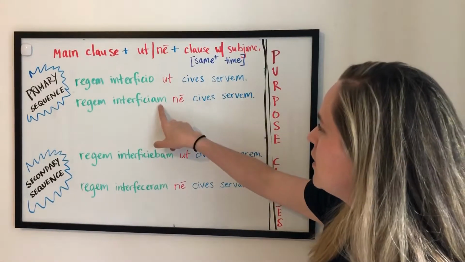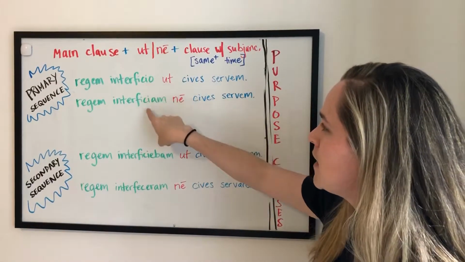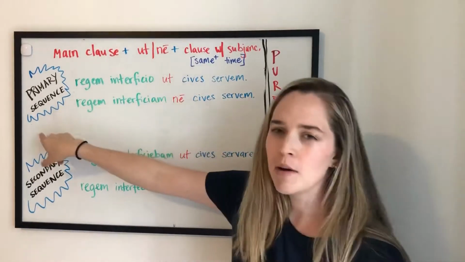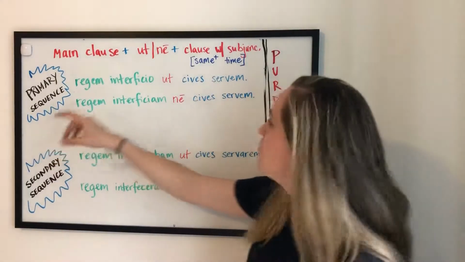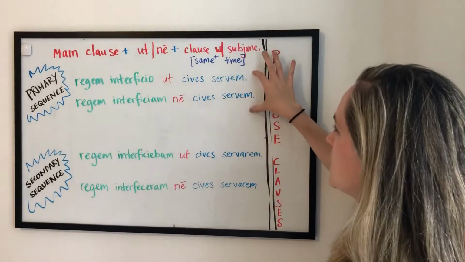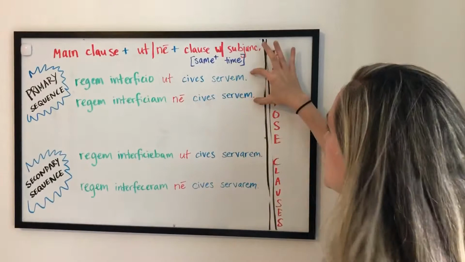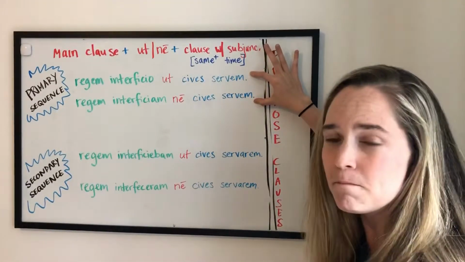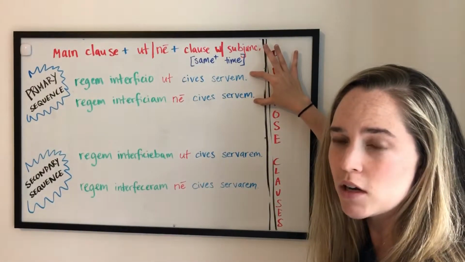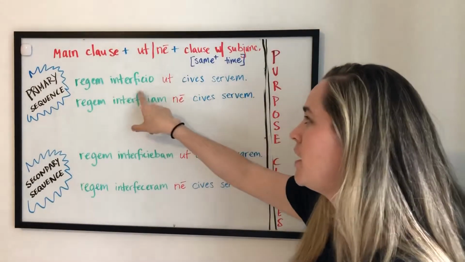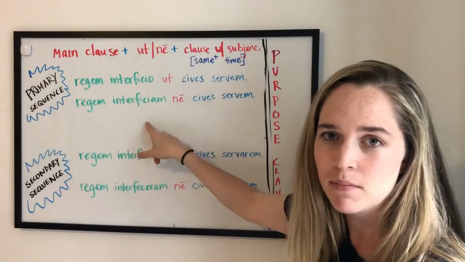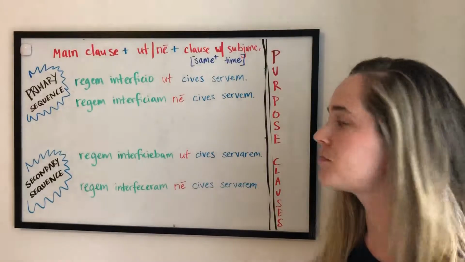Even though this is a different tense than interficio, this one's present and this one is future, they're both in primary sequence, and both of the subordinate clauses are expressing same plus time, events that happen after the main verb in this case. So the subjunctives used are the same in the subordinate clause, even though the main verb is not the same. That's a key point I want you to take away here.